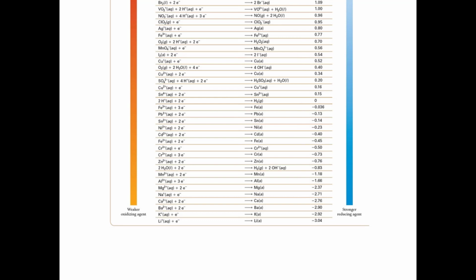That would go the opposite direction, make that a positive value, and make the overall term positive. So because magnesium is here and iron is, let's see, it's way up. It's all the way up here, isn't it? The 0.77, yeah. There's no way that happens. Iron 2 positive wants to be reduced more so than magnesium 2 positive. That's why it's a non-spontaneous reaction.